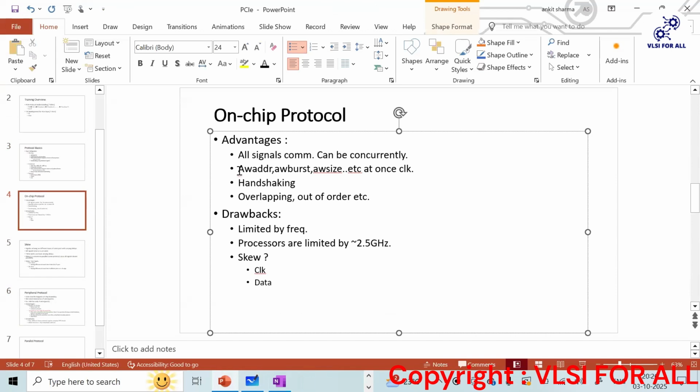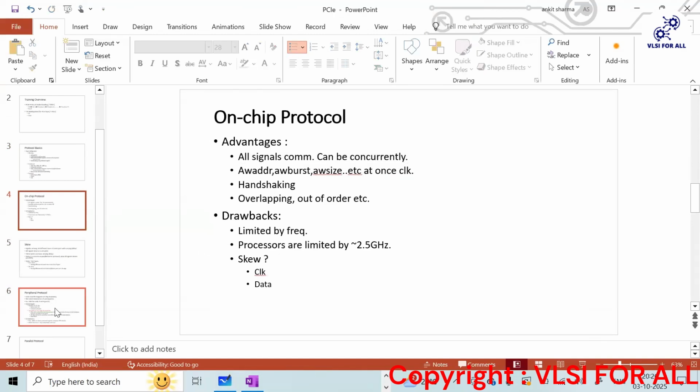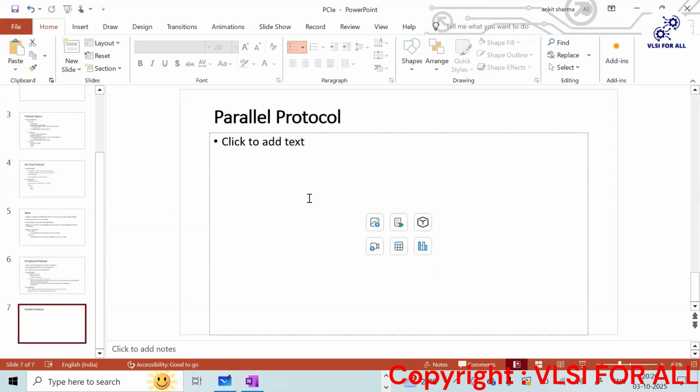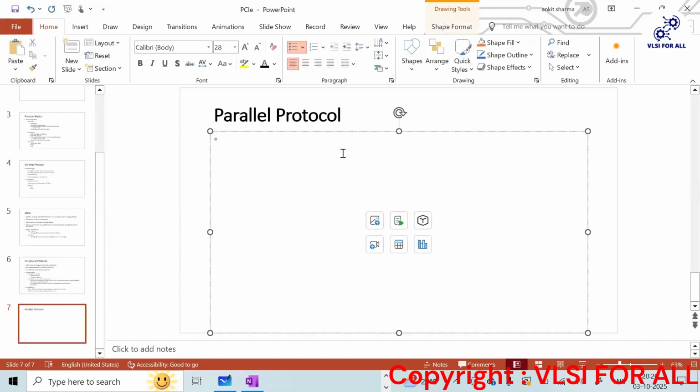So you can see AW burst, these are at 1 clock. That's why they are referred to as parallel. The same you should put here. So when you say it's a parallel protocol, so all signals, or if, one second.